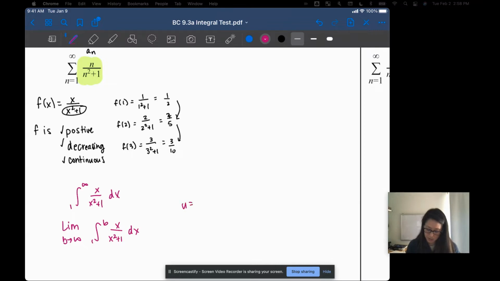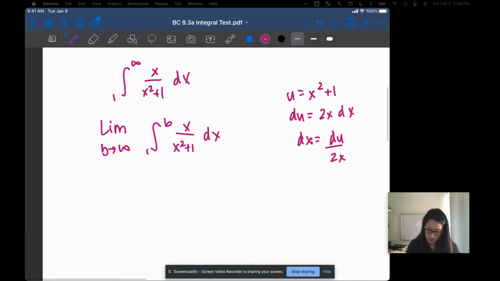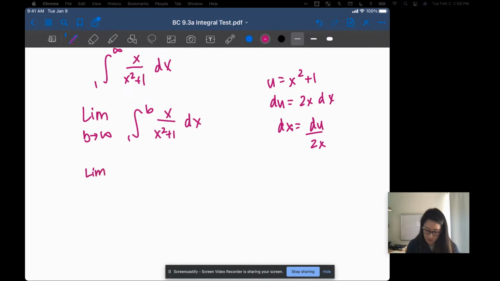I am going to use a u substitution, u equal to the denominator, x squared plus 1. So du is equal to 2x dx, and then divide by the derivative to give me dx is equal to du over 2x. Now I have the limit as b approaches infinity of the integral from 1 to b of x over u, du over 2x. And my x is canceled.